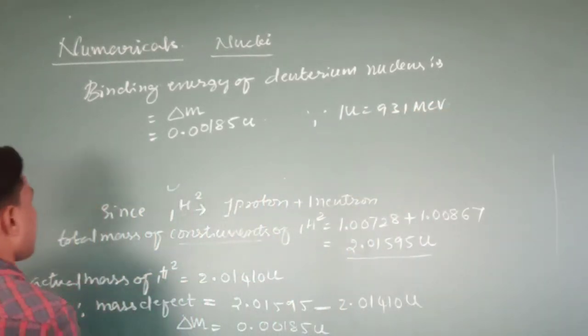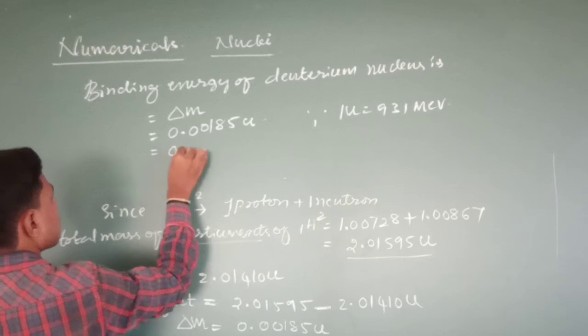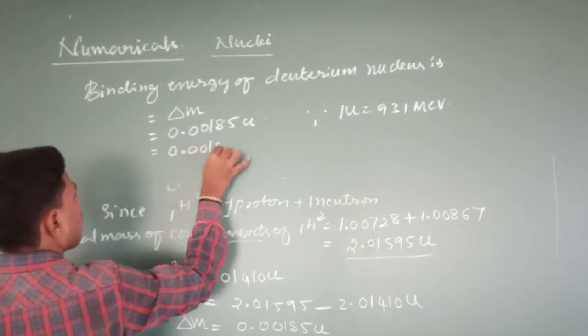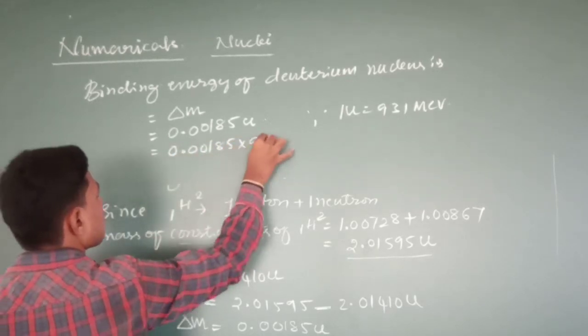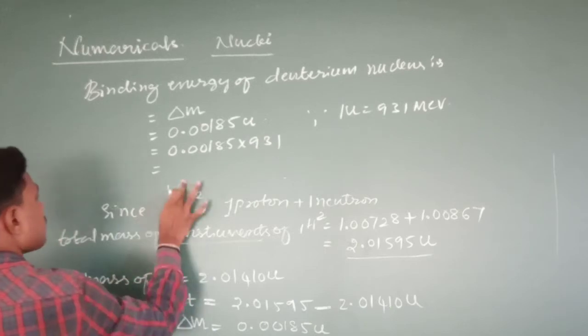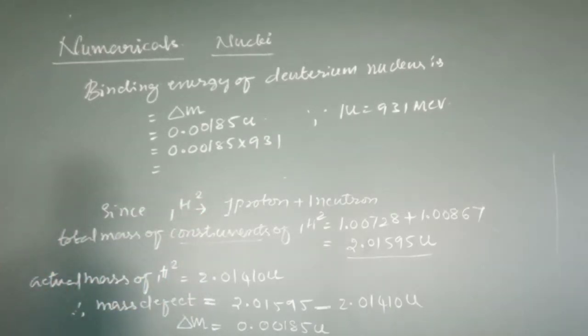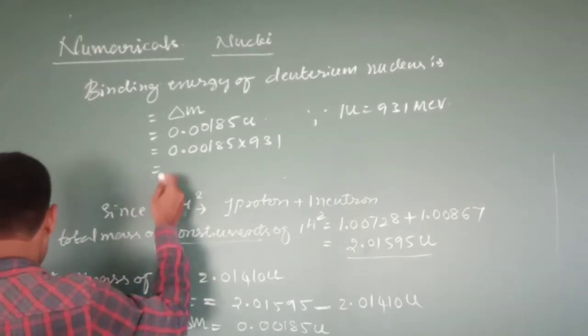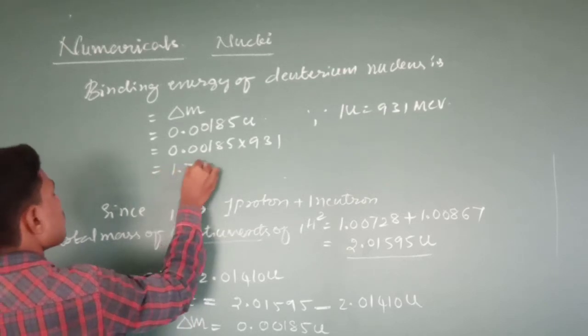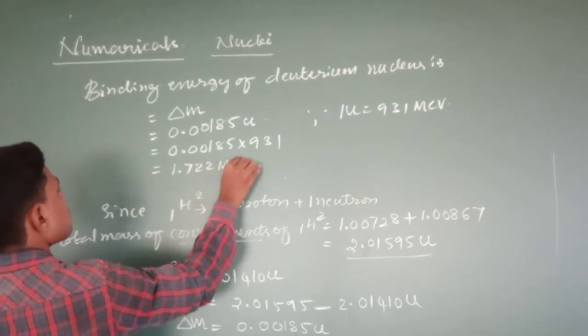So in energy terms it is 0.00185 into 931. If you multiply this with 931, you will get the answer 1.722 million electron volt.